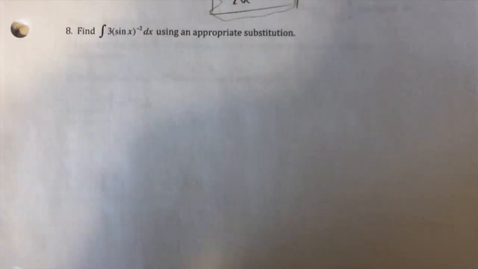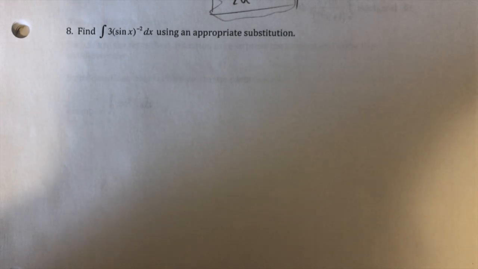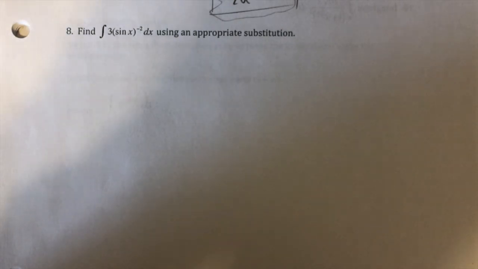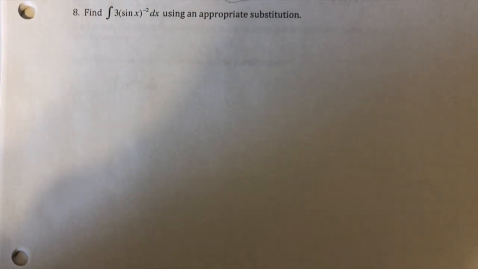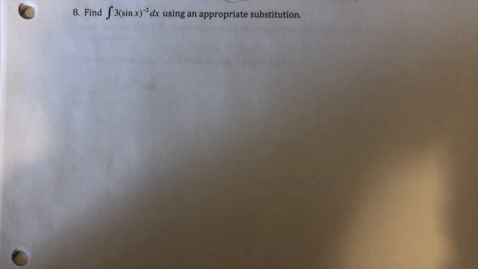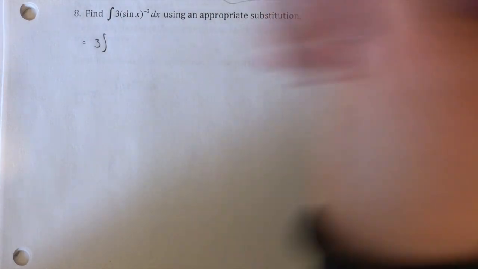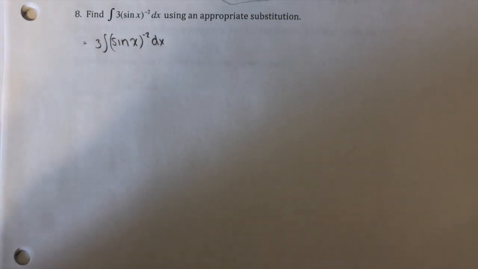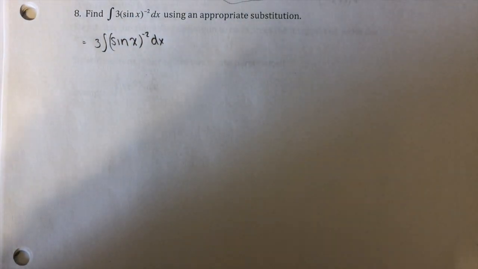Next one, we're going to find the integral of 3 sine x to the negative 2 dx. Okay, so first thing I'm going to do is take that 3 out. And we have to think about what we're going to use here.